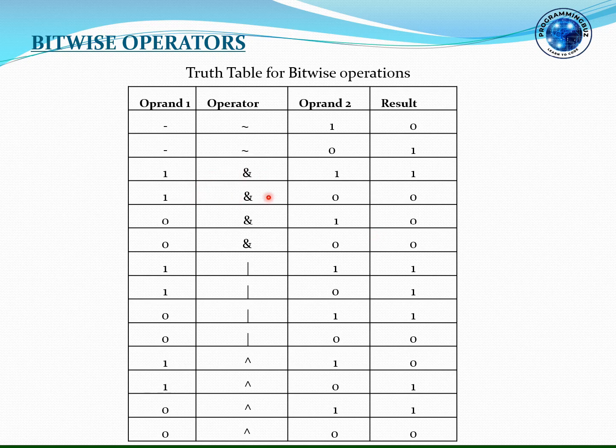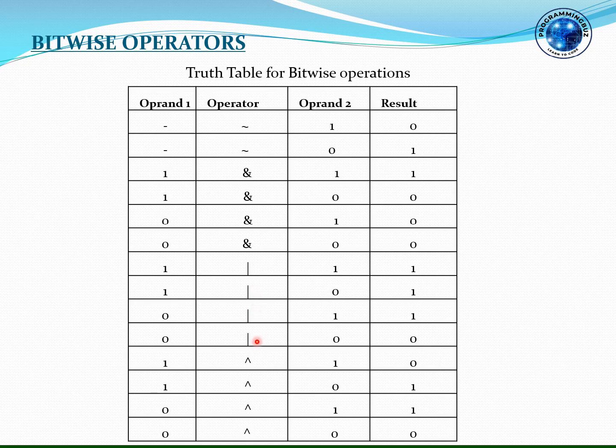That means 1 and 0 will be 0, 0 and 1 will also be 0, and 0 and 0 will be 0. So this was the AND operation.